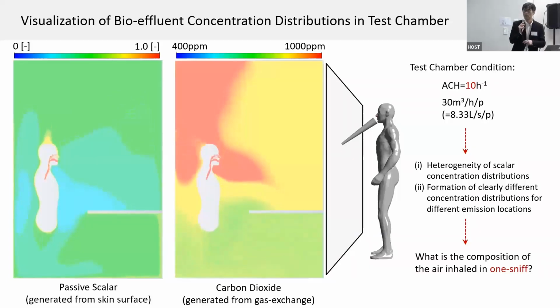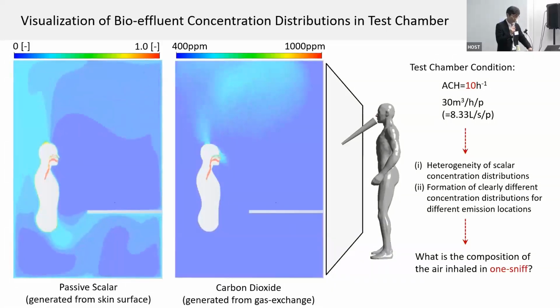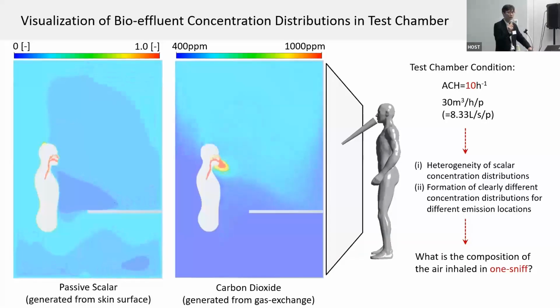And the second point is the formation of clearly different concentration distributions for different emission locations. I mean, in the case of contaminant generation from the skin surface and scalar generation from the respiratory system, we can confirm the significant difference in concentration formation in indoor environments. And my simple question is, what is the composition of the air inhaled in only one sniff?